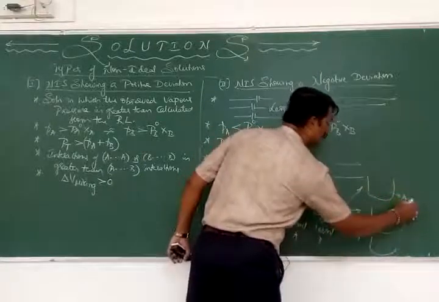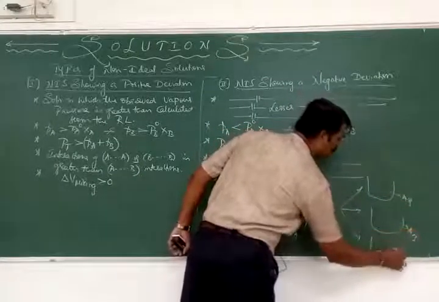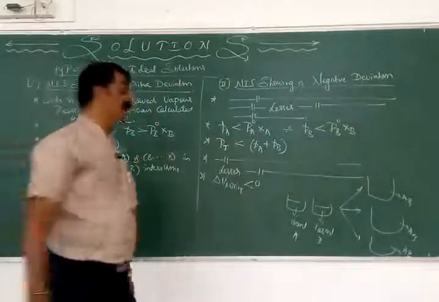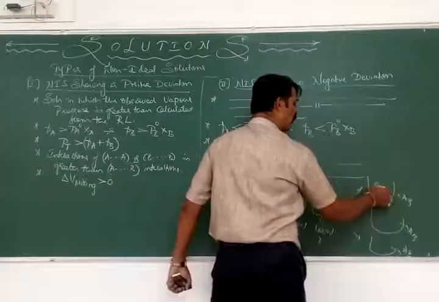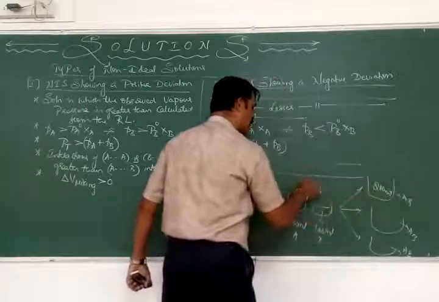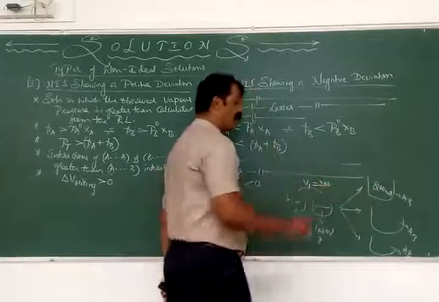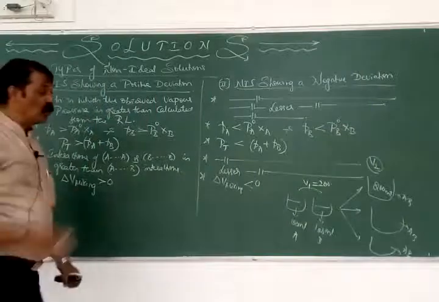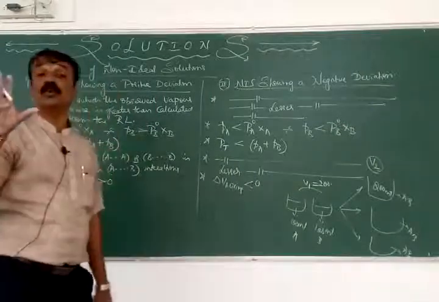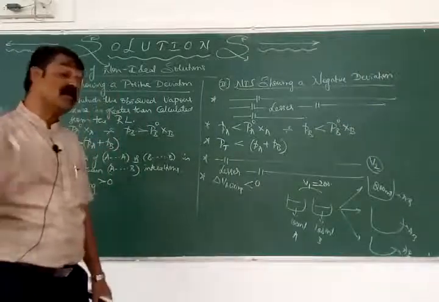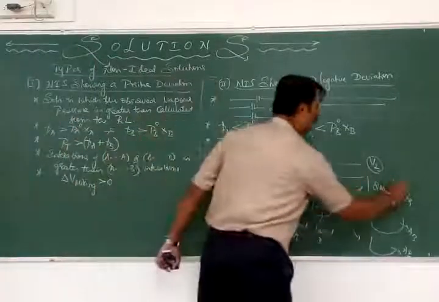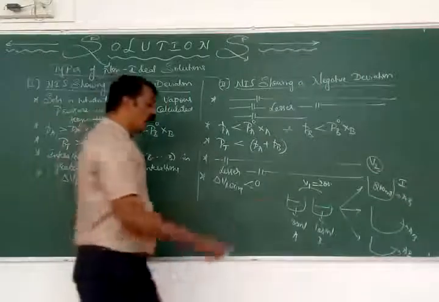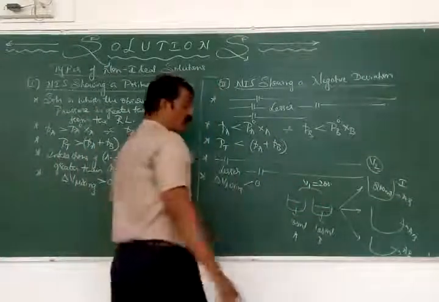This is AB solution, this is also AB solution, this is also AB solution. This is liquid A, this is liquid B. If the total volume is going to be 200 ml, this is called V1. V1 is equal to 200 actually. This is going to be V2. What is V2 minus V1? 200 minus 200 means it is equal to 0. Delta V mixing equal to 0 is an example of an ideal solution.